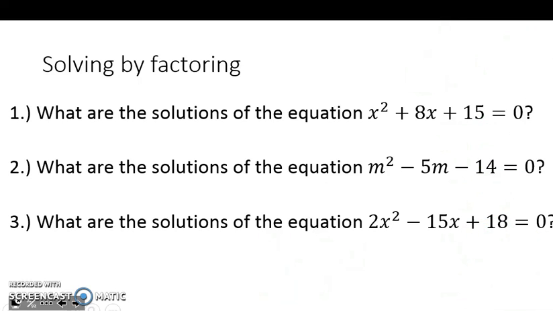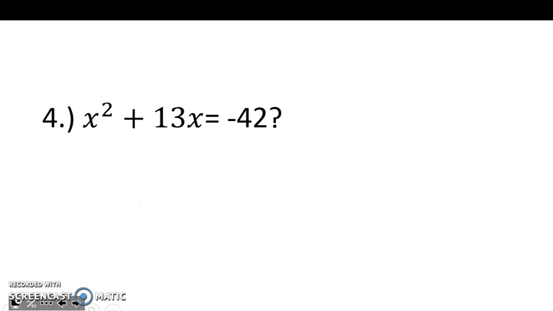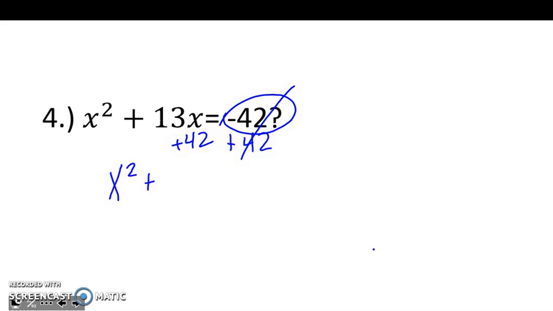All right. Couple more. So on this one, you'll notice that you have to do some work on the front end, okay? Because it has to equal 0. So we have to add this 42 over to the other side, okay? So this is what I was talking about the other day when I said you're going to have to actually move that to the other side and set it equal to 0 first.